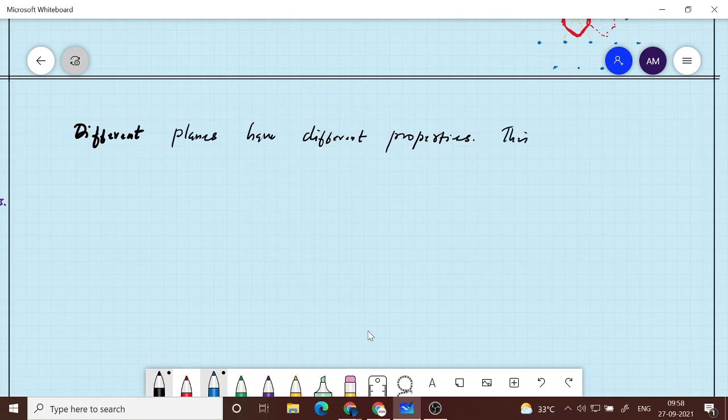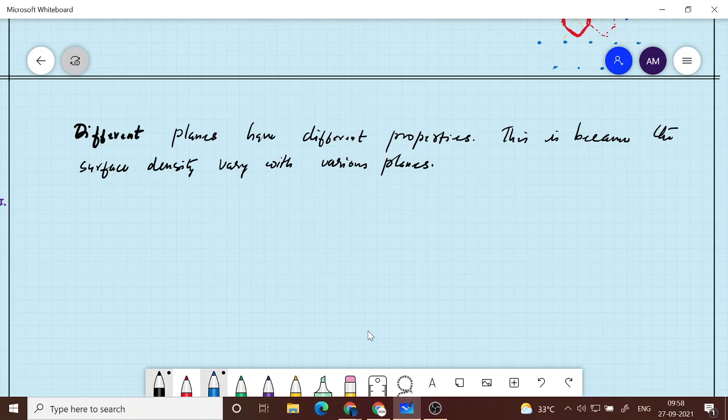This is because the surface density varies with the various planes. Okay, different planes have different surface density. So that is the reason why we have different properties.